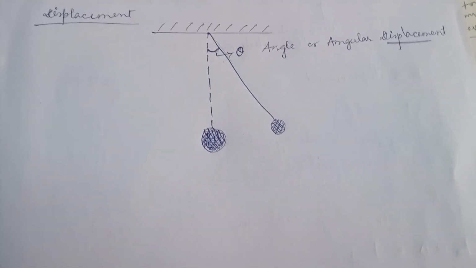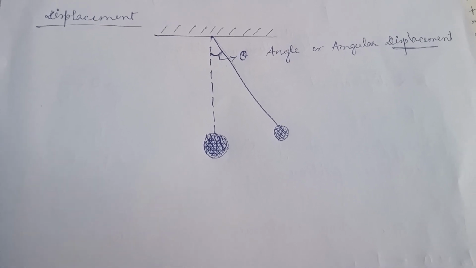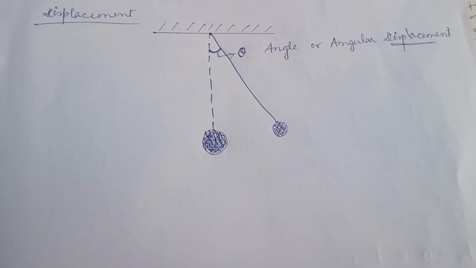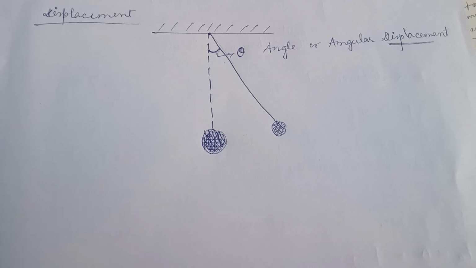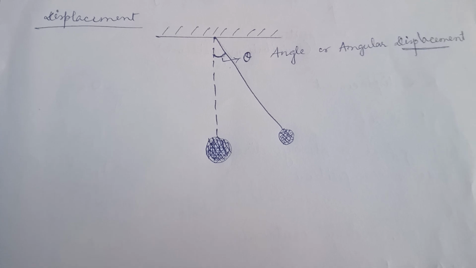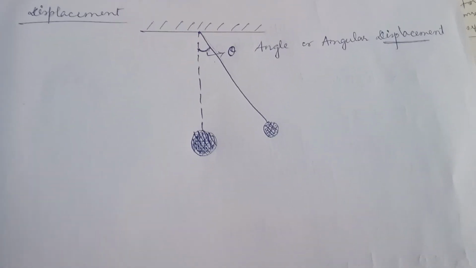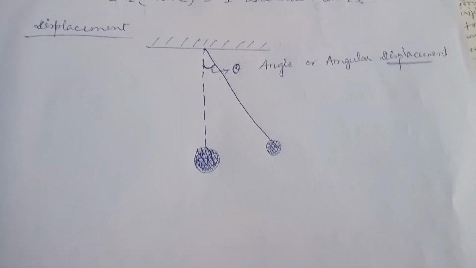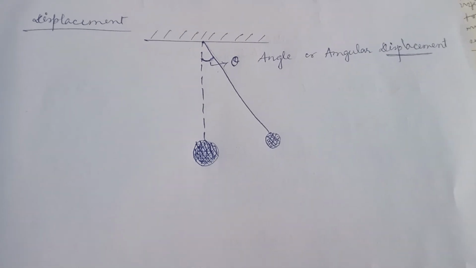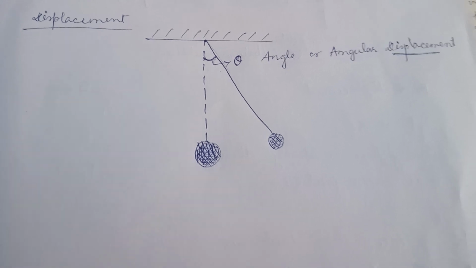Let us consider it to be cos theta. Cos theta has values from +1 to 0 and from 0 to -1. So it is easy for us to take the cosine of any angle or the sine of any angle. The trigonometric ratio sine of any angle gives values from 0 to +1 as well as from 0 to -1.